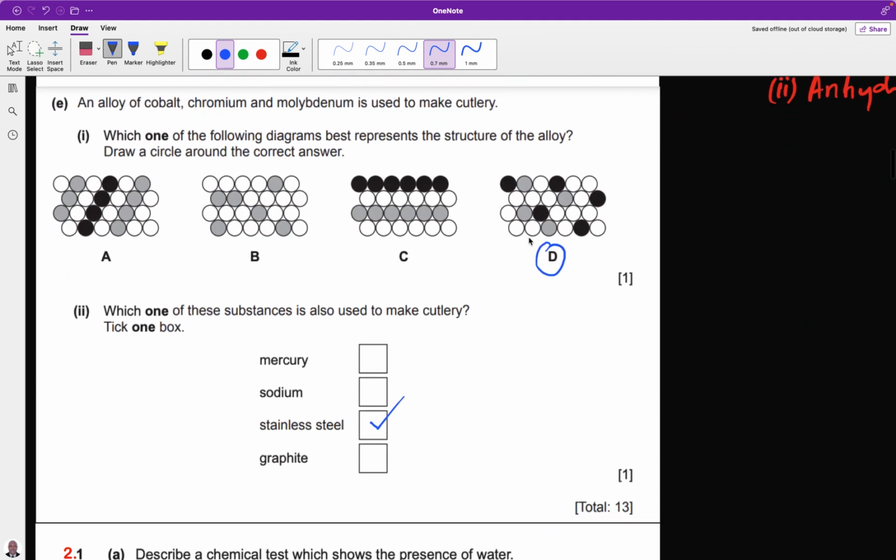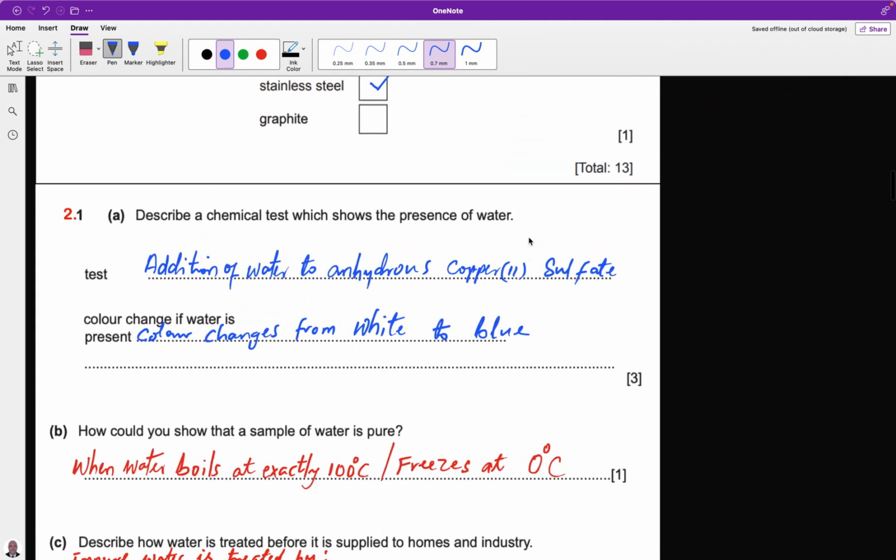Whichever you are versed with, you can use it. Addition of water to anhydrous copper 2 sulfate, the color changes from white to blue. You have 3 marks. The test alone is 1 mark, and the color change is 2 marks.